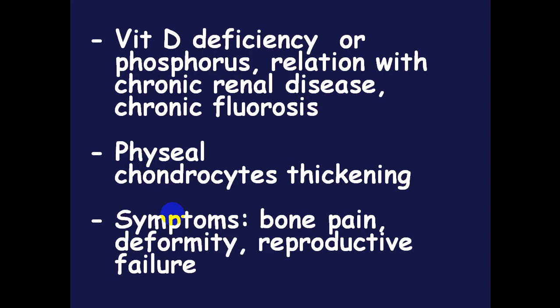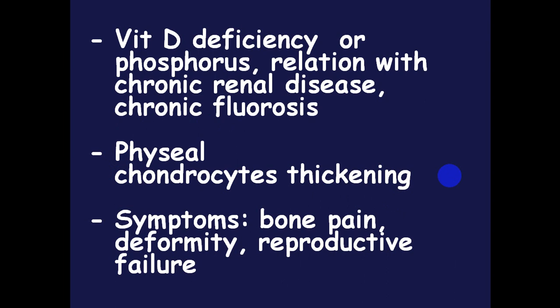So in rickets and osteomalacia, this is the main characteristic. You will find what we call physeal chondrocyte thickening. It means that the metaphysis will be thick and composed mainly of cartilage.